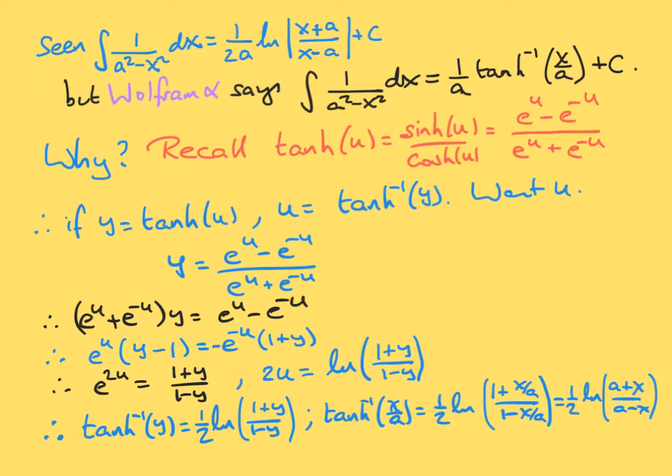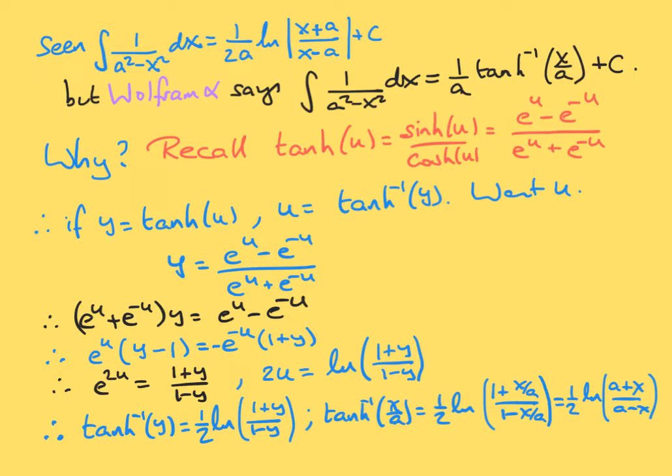So u is tanh to the minus 1 of y, and we want, therefore, to find out what u is so that we can understand what tanh to the minus 1 of y is. Note, by the way, I'm saying y rather than x over a. We can replace y by x over a later, but it saves us from writing x over a a lot.